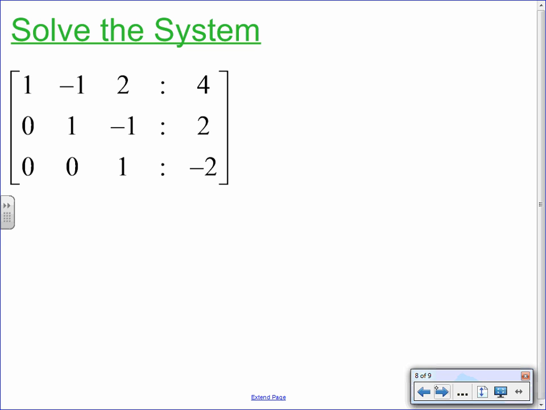Row echelon form, right. Give me more space, please. I need more space. Are you at the end of your piece of paper?